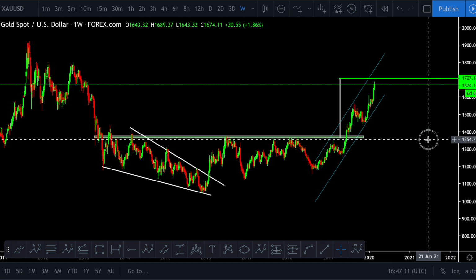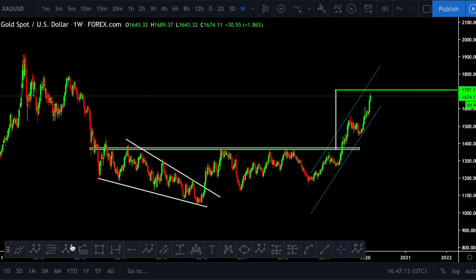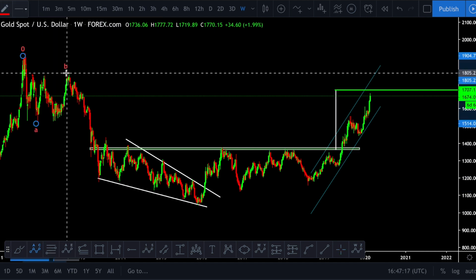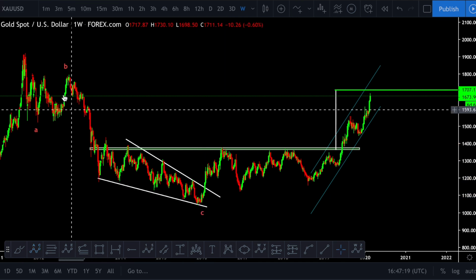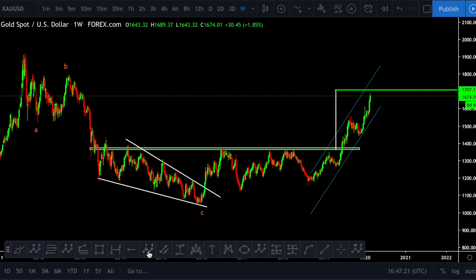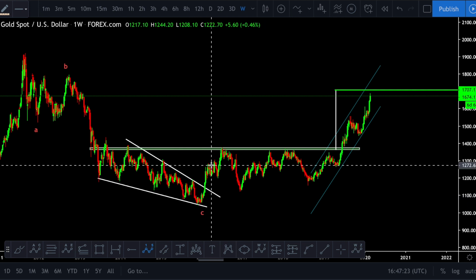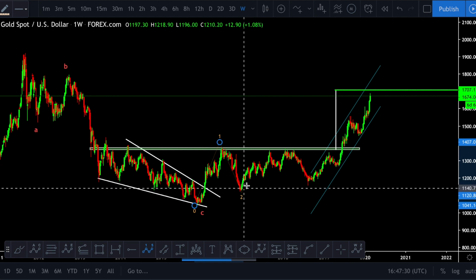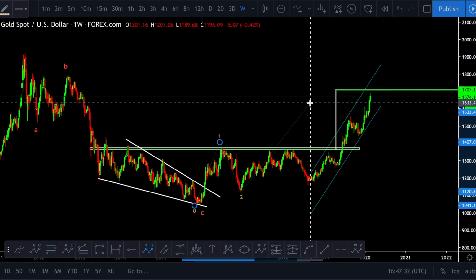It could have topped out already, and now if we add Elliott waves to it, we can see that this was a B, C correction. Then we had a run up here, 1, 2, 3, 4, 5. That's a larger wave 1, A, B, C, wave 2, and then I think these are all subwaves of a larger third wave.